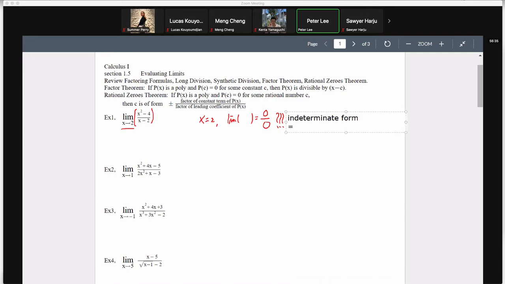This means that we don't know the answer yet. It really means to work harder. The problem is not over. And let me make this important comment.